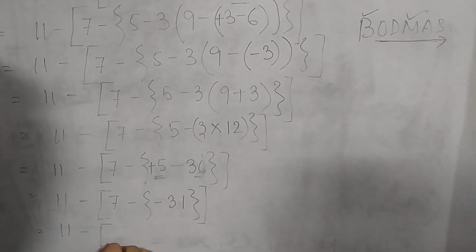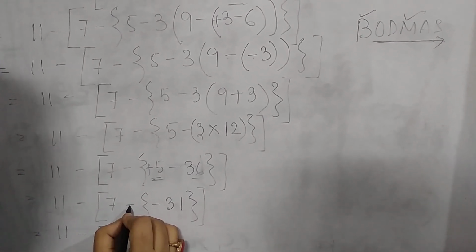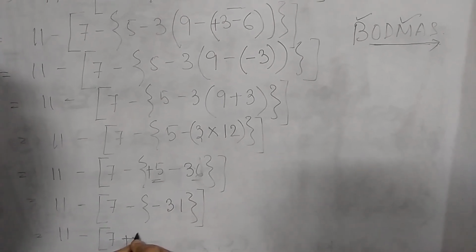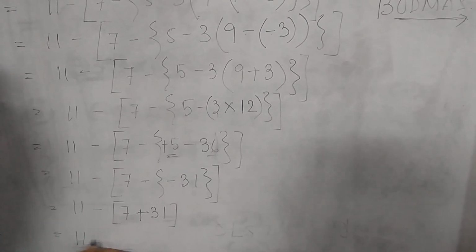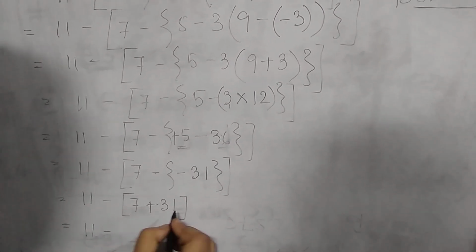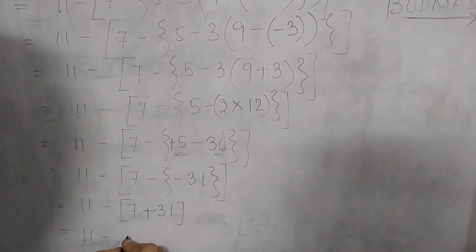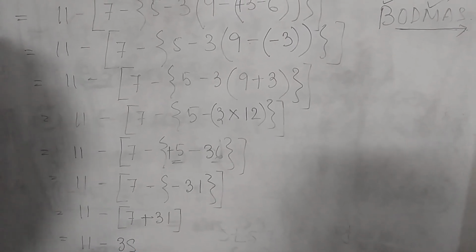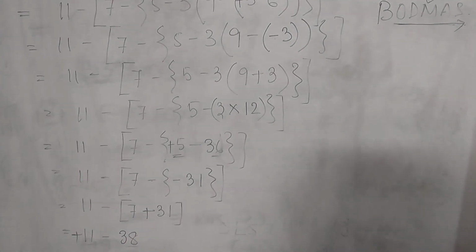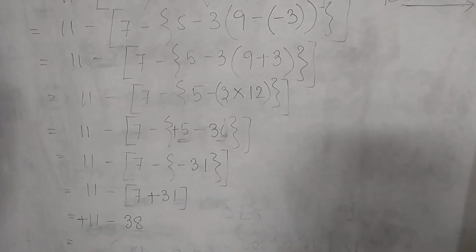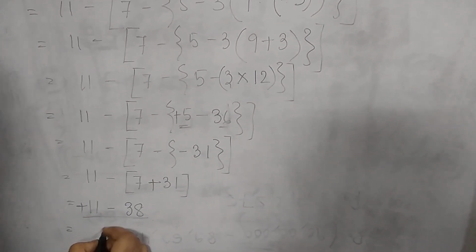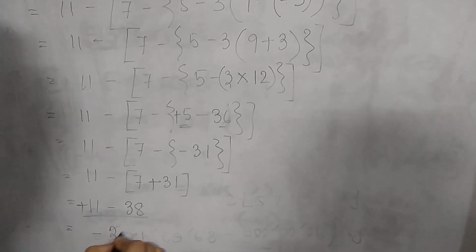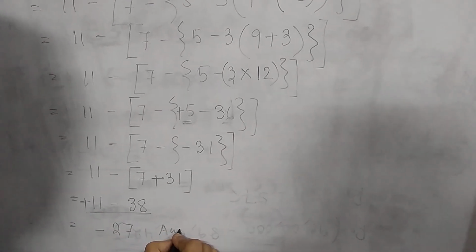Now 11 minus 7, here minus minus interact together to give a 31 plus 31. After that, what is remaining? 31 plus 7, what is giving? 38. Now here see plus 11 and minus 38. So when they are operating together, it will give an answer of minus 27, which is our desired answer.